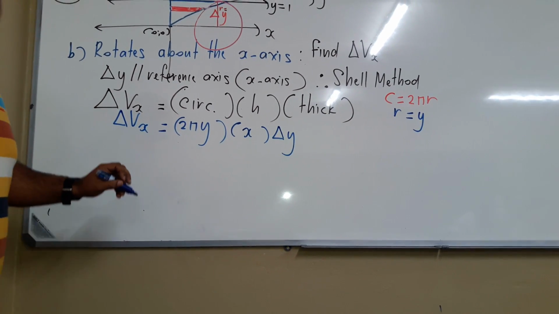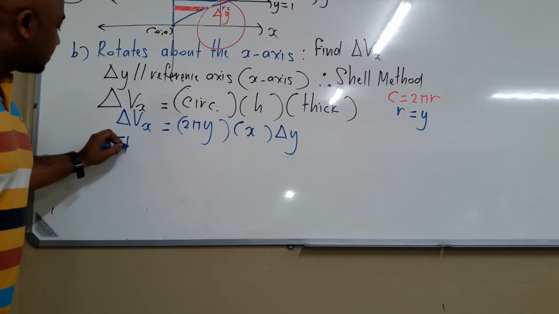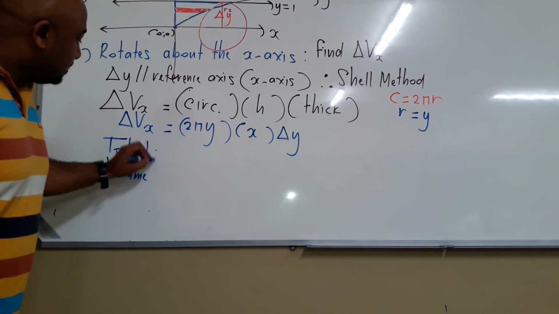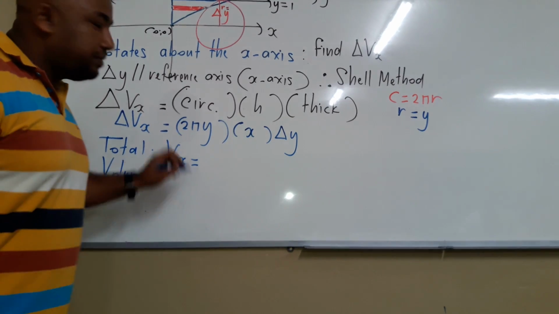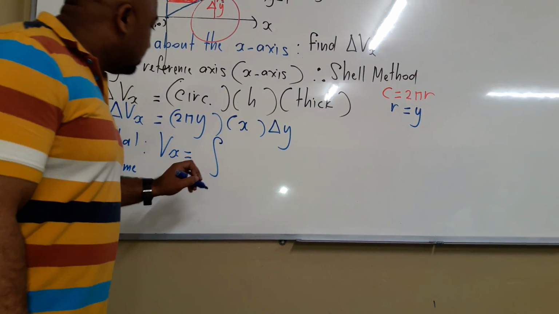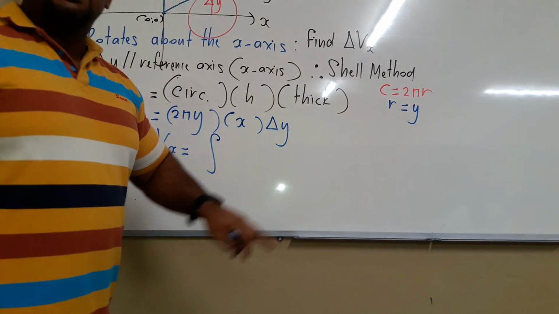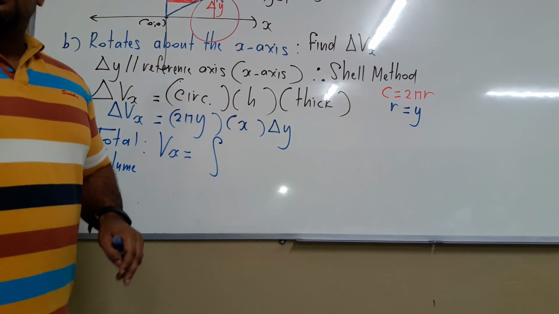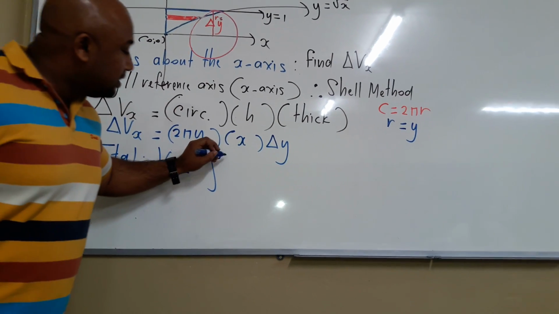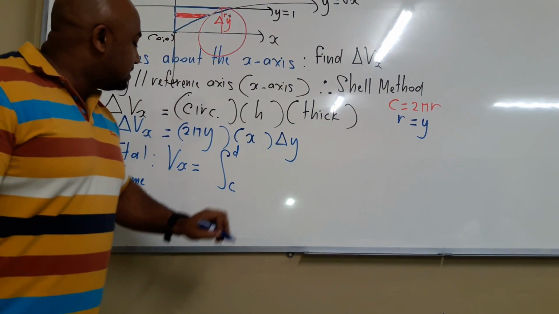We want to get the total volume. The total volume Vx, we integrate, we get the sum of all the volumes. Now remember this is delta y, so therefore we are still using the y values there. So we're calling the y values d and c.